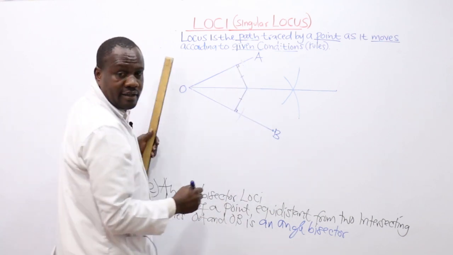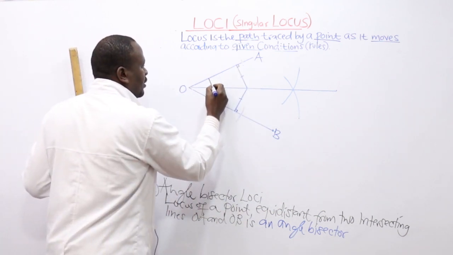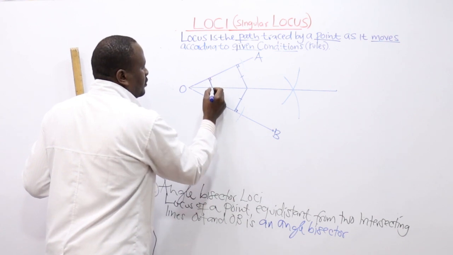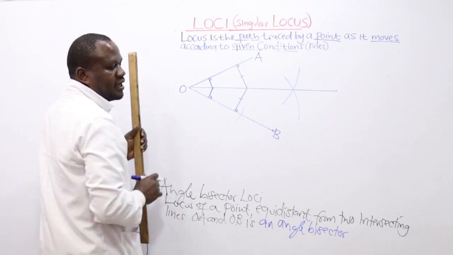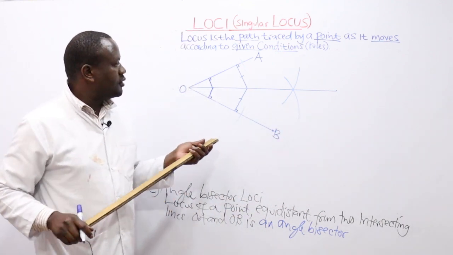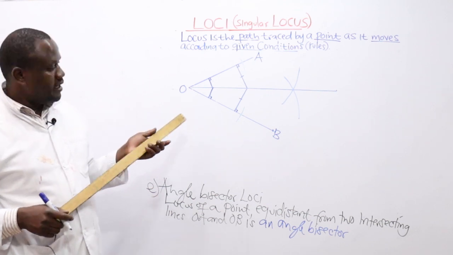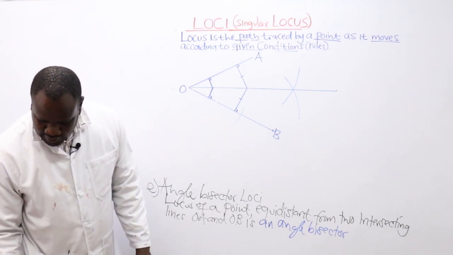The perpendicular distance from here to here. So this point has to move in the middle of this line. So that is what we call the angle bisector. So let's move to the other two.